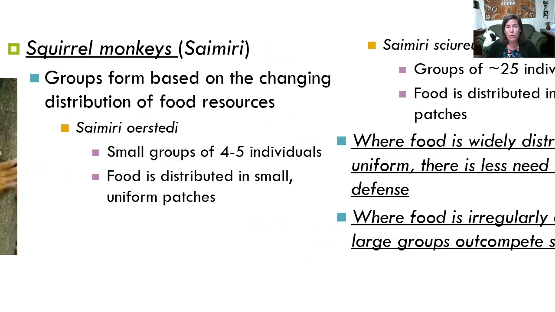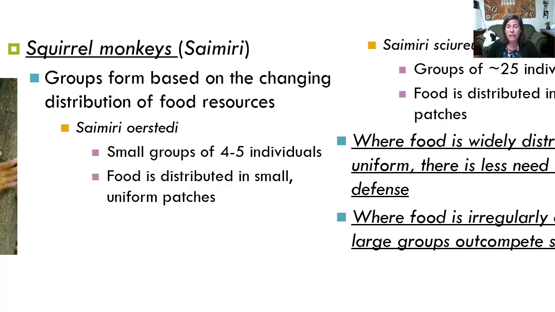Additional studies supporting the resource defense model come from squirrel monkeys, Saimiri. A study of two species of Saimiri suggests that groups form based on changing distribution of food resources. In Saimiri oerstedii, they have small groups of 4 to 5 individuals, and food is distributed in small uniform patches.